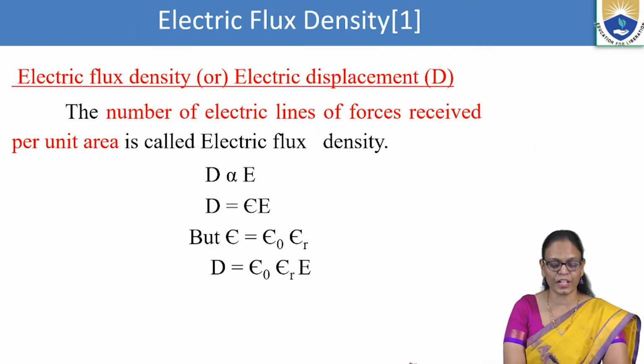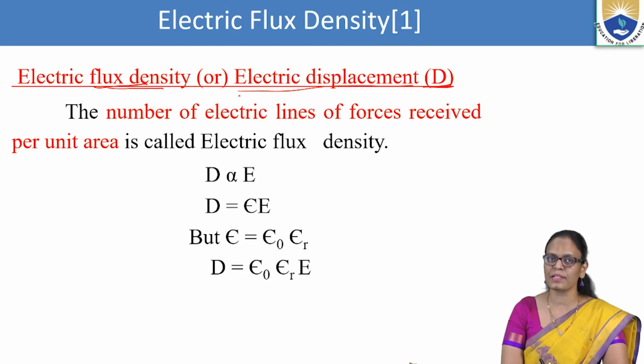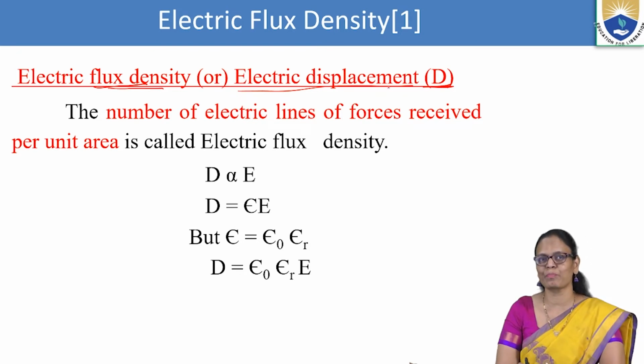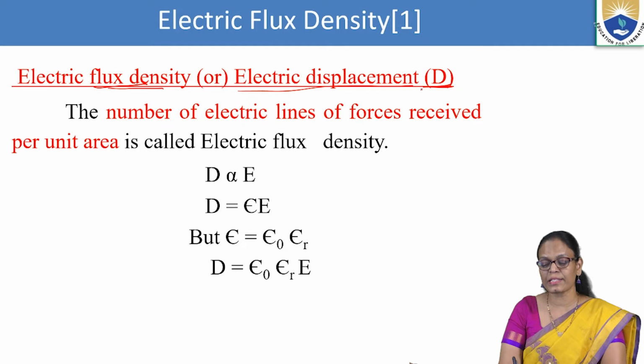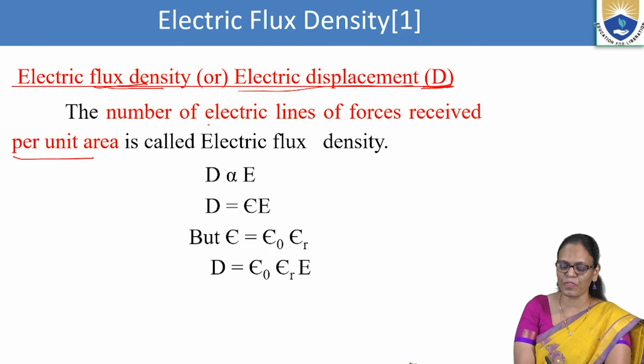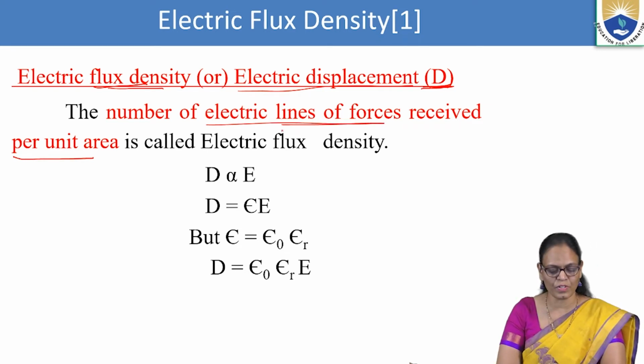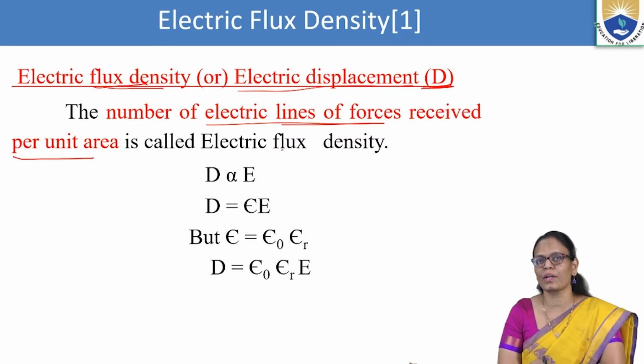Now comes the electric flux density or electric displacement, which is denoted by capital D. Flux density and electric displacement both mean the same. So how do we define this flux density? The number of electric lines of force received per unit area is called the electric flux density.